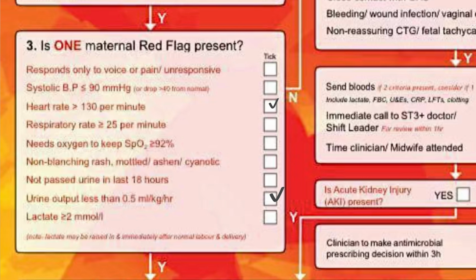So I can assume that even if my patient was passing urine every hour, it was still more than the 35 mils per hour. And even if it was 35 mils, it's still qualified because they need less than 0.5. So that is how little it is. So if your patient has not passed urine in the last 24 hours, or when she passed, it was very scanty, both of the two qualify, and you are going to take.